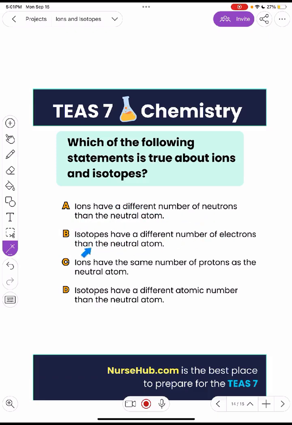B: Isotopes have a different number of electrons than a neutral atom. C: Ions have the same number of protons as a neutral atom. D: Isotopes have a different atomic number than a neutral atom. What's a true statement here? The question should be phrased about ions or isotopes, not and.